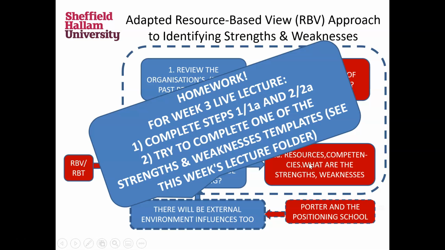What are you going to do? Well, for the week 3 live lecture, what I would like you to do is to complete steps 1, 1A and 2, 2A. So that means I want you to try and find some sources of information about the organisation you have chosen to look at for your assignment for this module. Remember, for the assessment, you can choose any organisation you like.